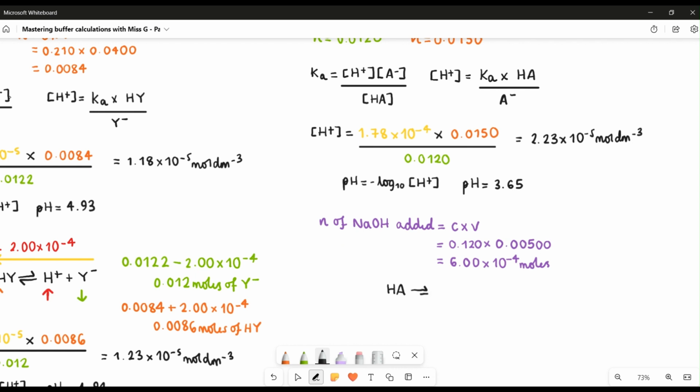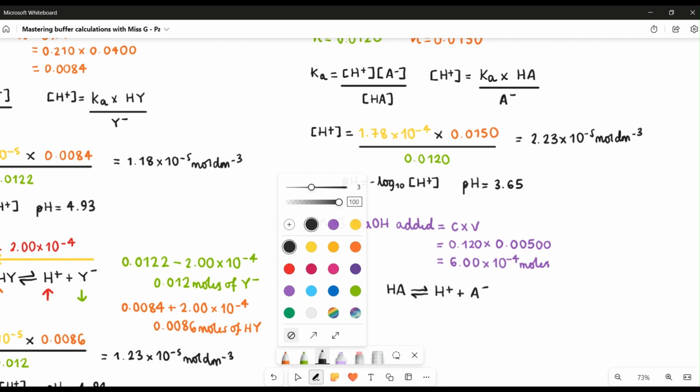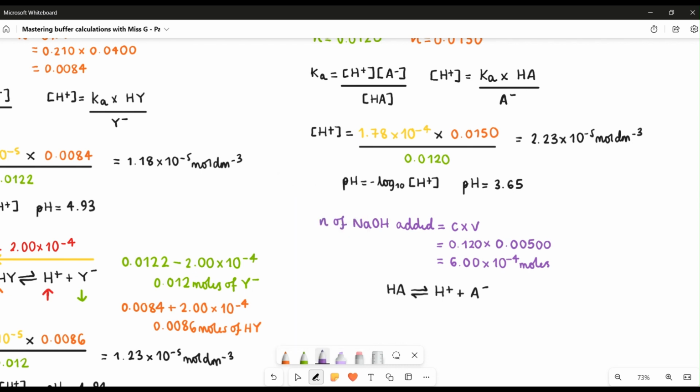So HA dissociating into H plus and A minus. Now, when we add an alkali, the alkali takes away the H plus ions. So even though the alkali is not in this equation, the alkali will react with the H plus to give us water.